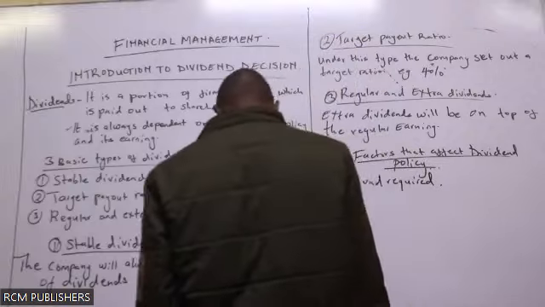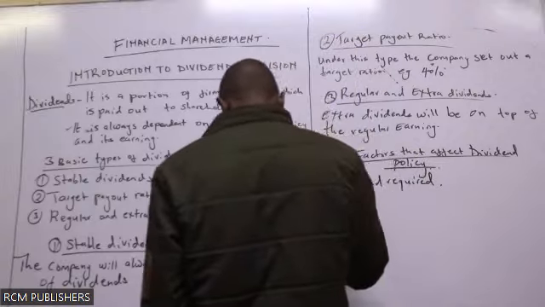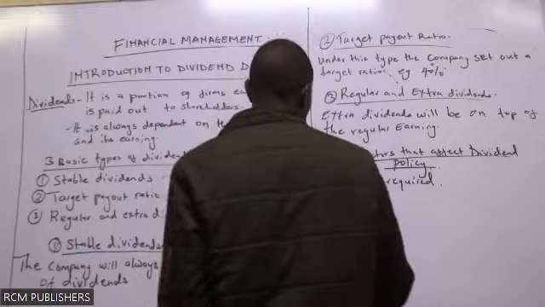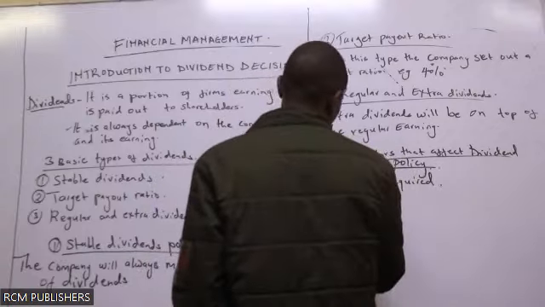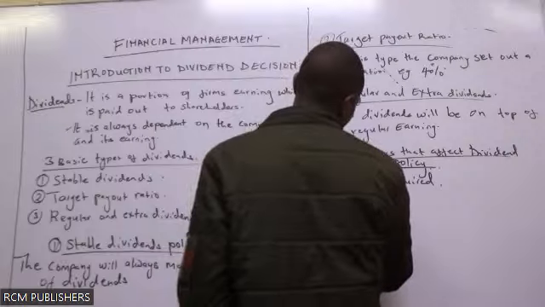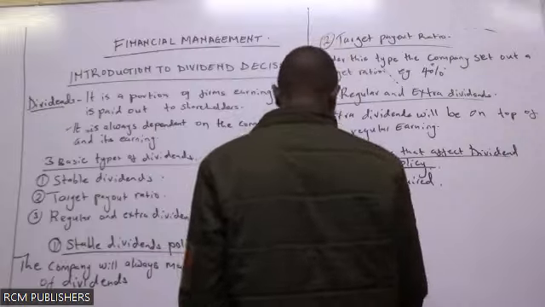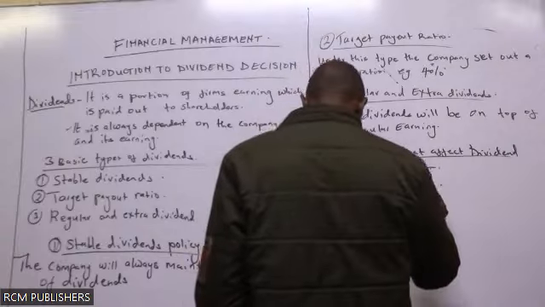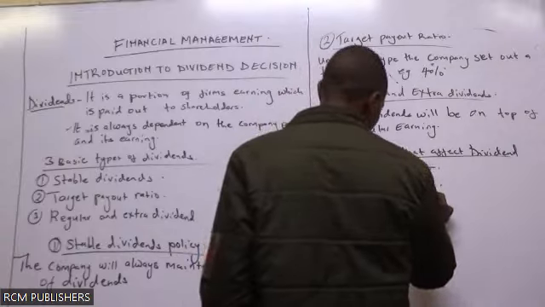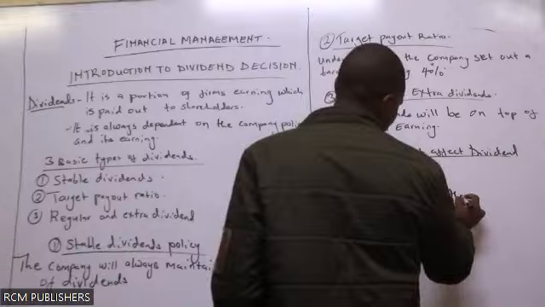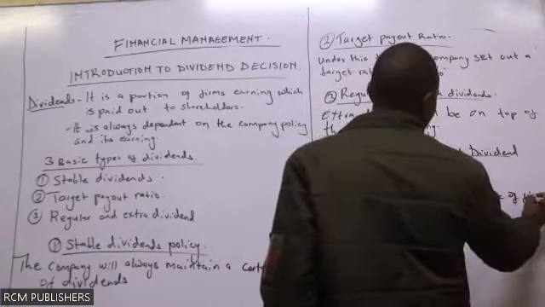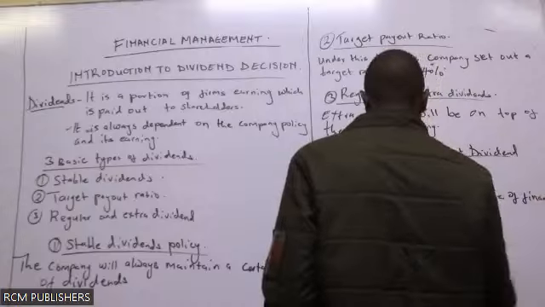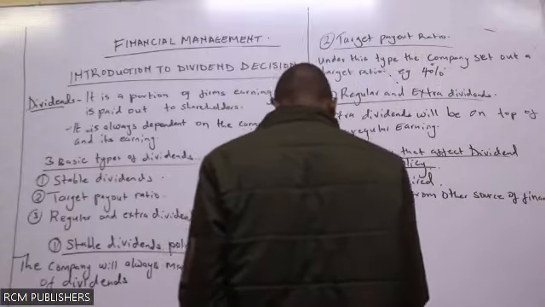Another one is restriction from other sources of finance.